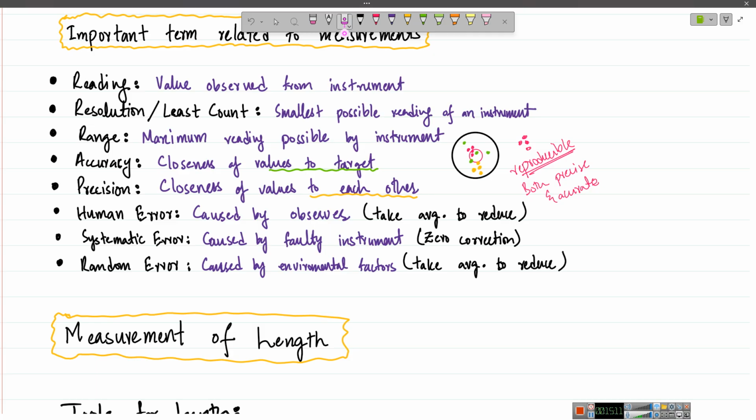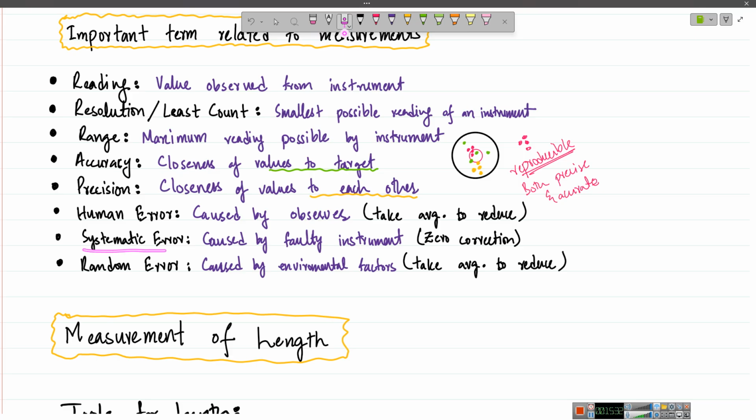So you can reduce human error entirely by using a different instrument, or you can take several readings and then take an average to reduce the error. Make sure you understand that this error can be reduced. It is not an issue. We can reduce it by taking multiple readings and taking an average.